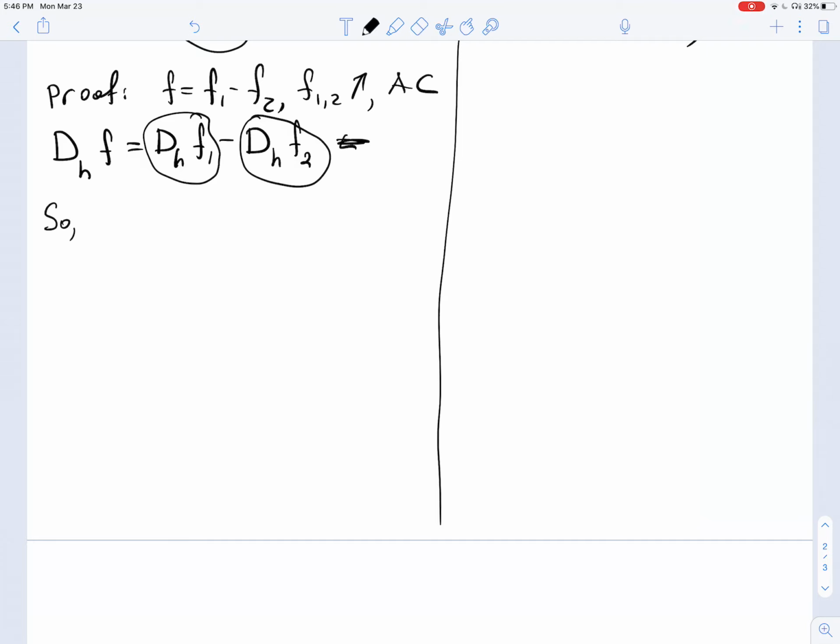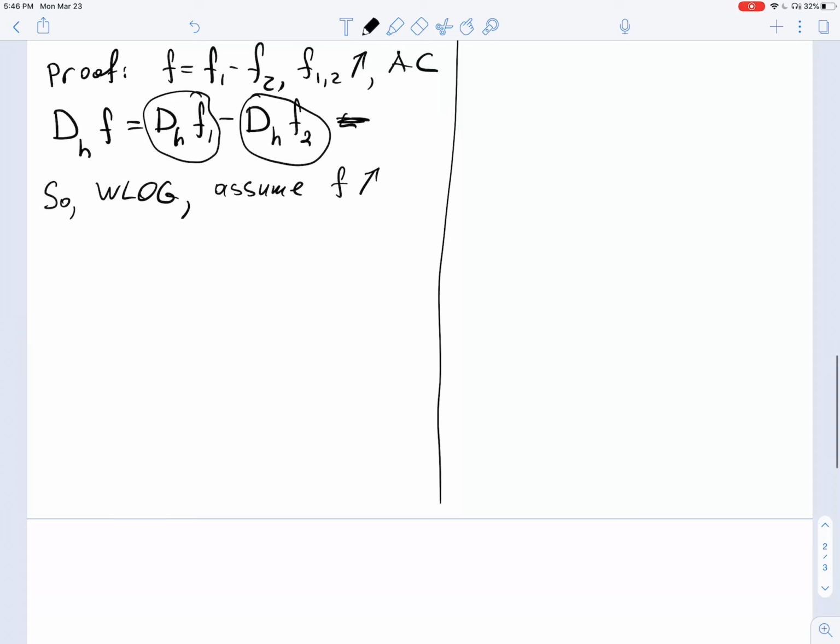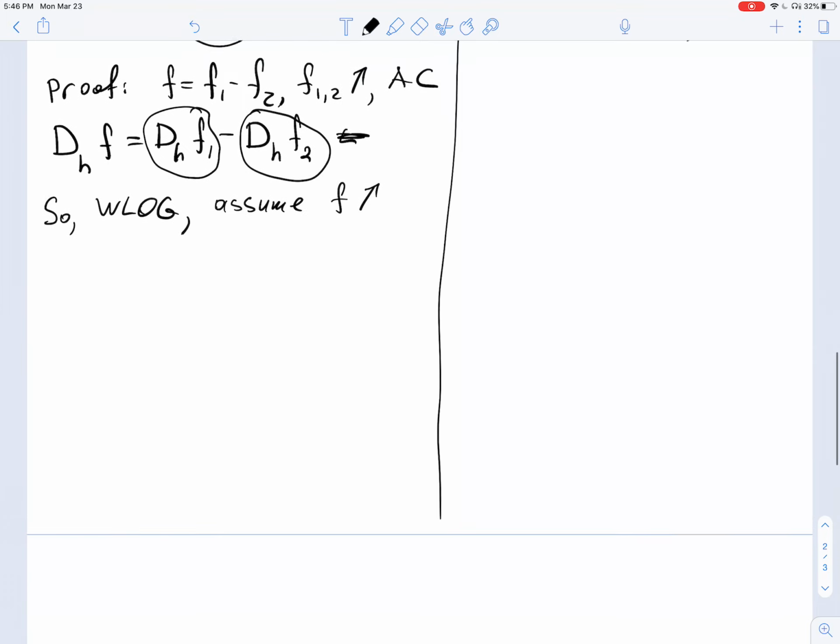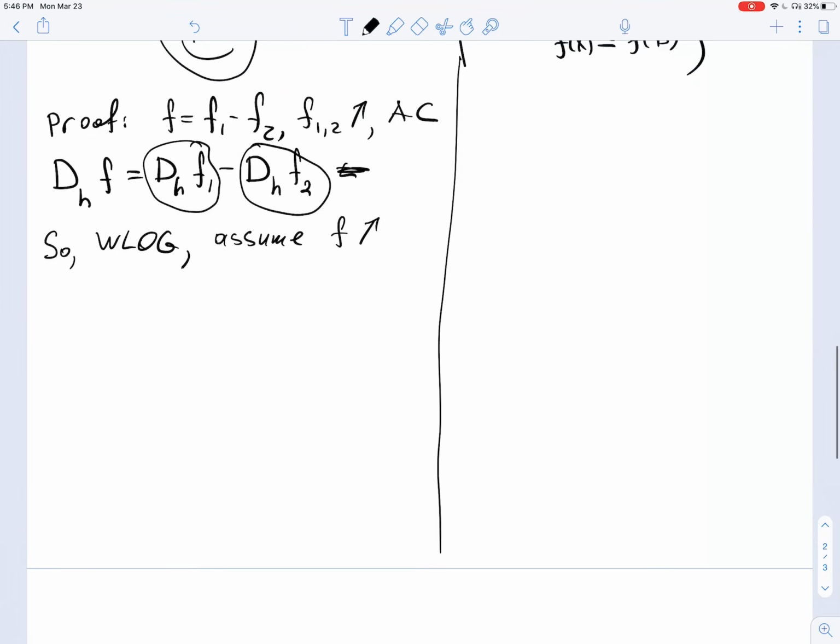Okay, so without loss of generality, we can assume f is increasing. And f1 and f2 are still absolutely continuous, so we don't lose anything here.